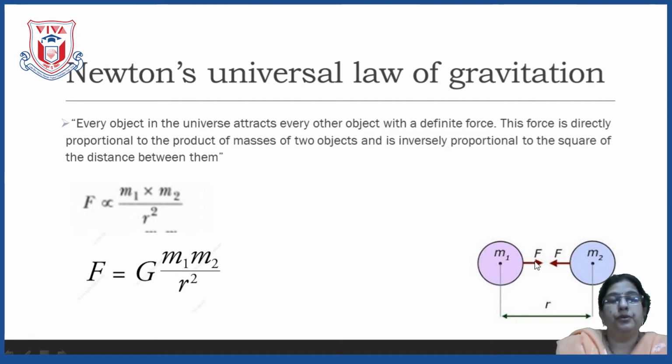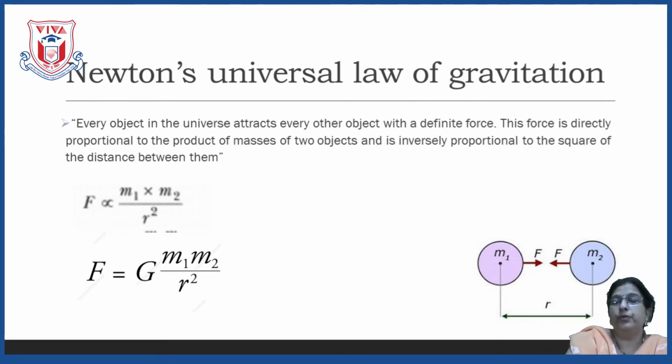According to Newton's third law of motion, which you have already learnt in 9th standard, every action has an equal but opposite reaction. So if m1 exerts a force in the forward direction, m2 also exerts a force in the backward direction. That's why these forces are shown with these two arrows.